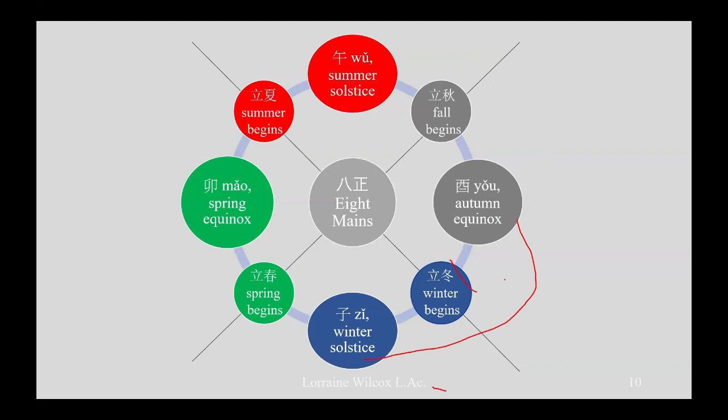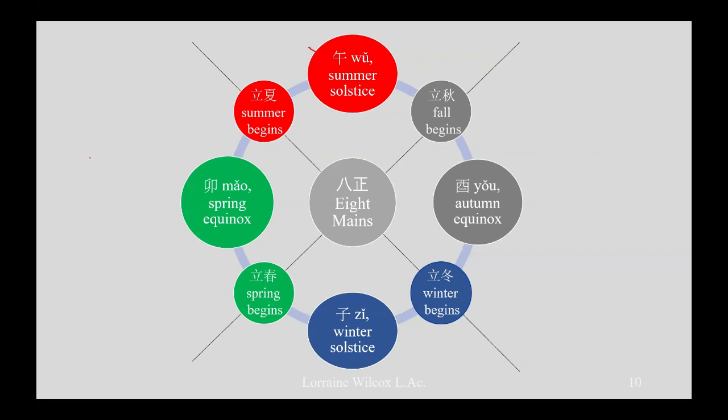So the start of the season in the Chinese calendar is actually about 6 weeks before the start of the season in the Western calendar. One mistake I see people making is that if there's like a qigong that you're supposed to do in spring, they'll wait until the spring equinox to start doing it, and they've already missed half of spring, and then they're going to continue doing that spring qigong halfway into summer, according to the Chinese calendar.